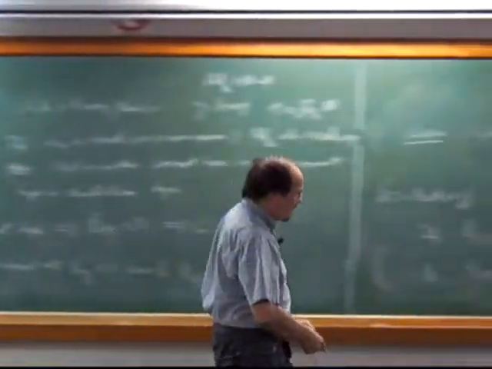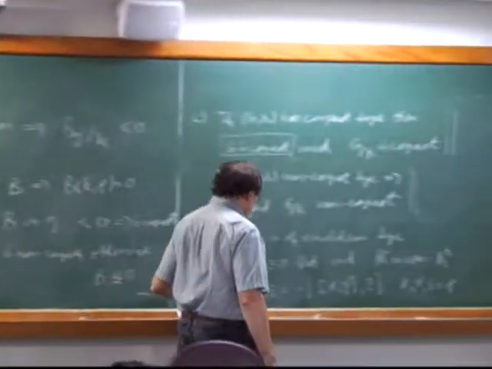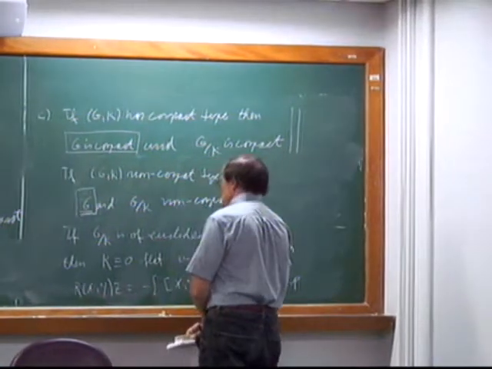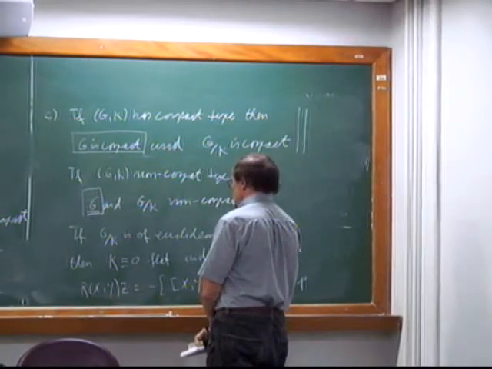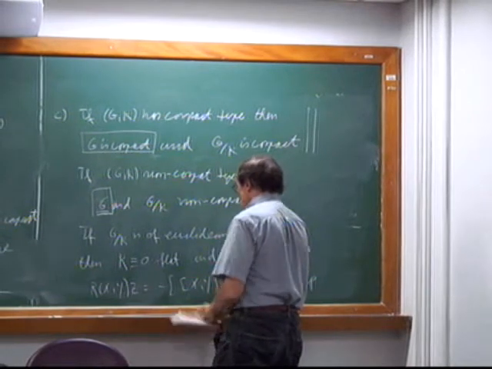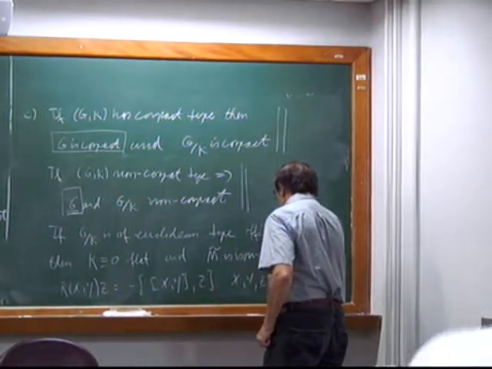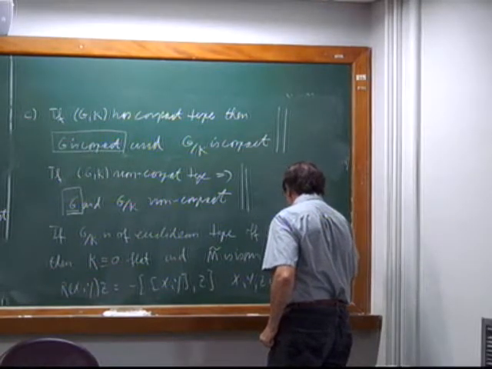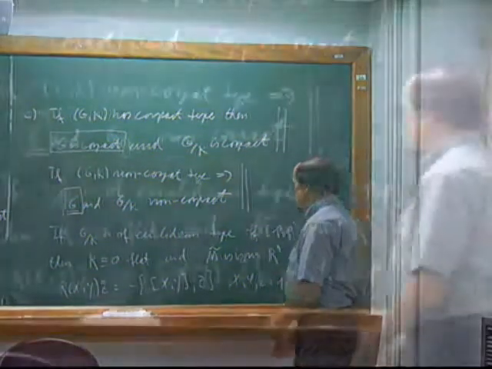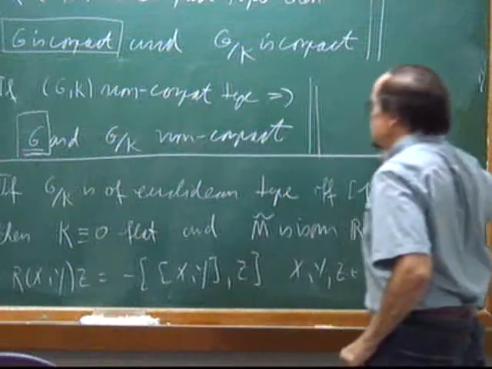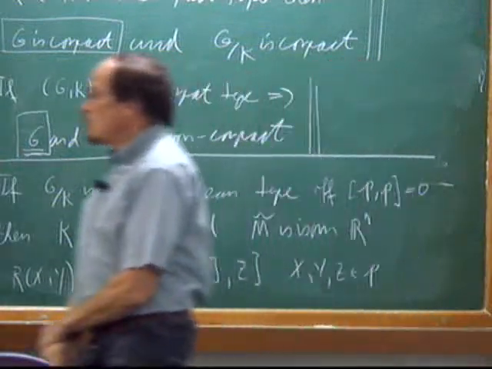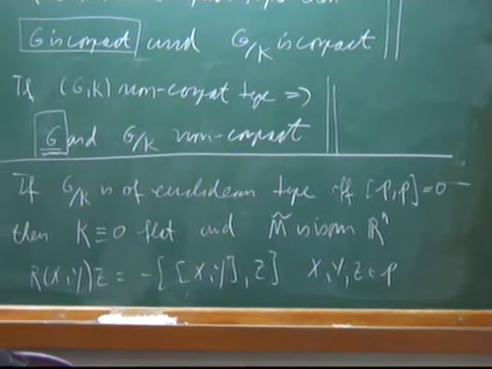I need one more statement there, but here I can add to that: if and only if [P, P] is equal to 0. But let me get back to that. It's a separate issue. Let's just finish compactness and non-compactness of the group and of the manifold.